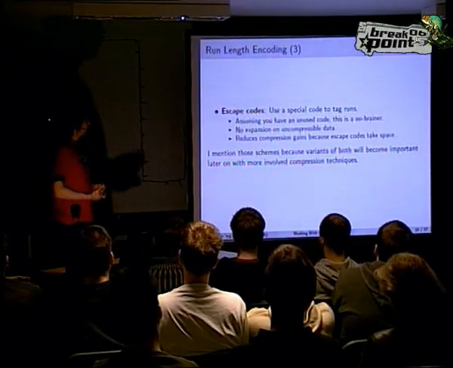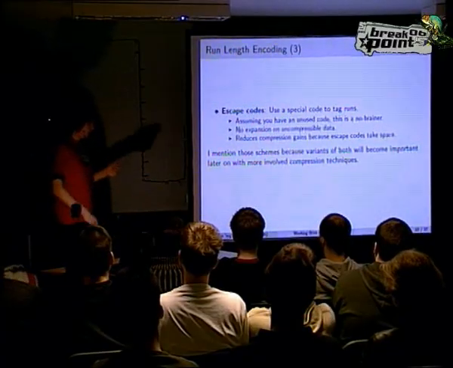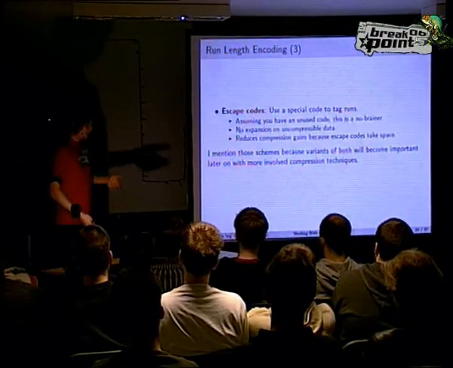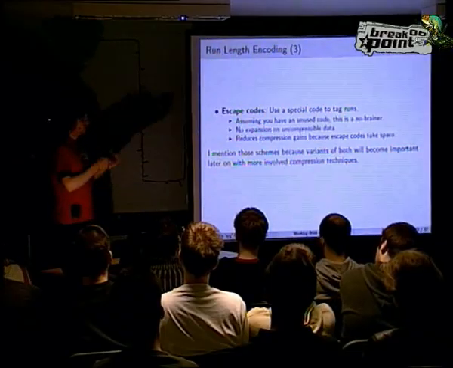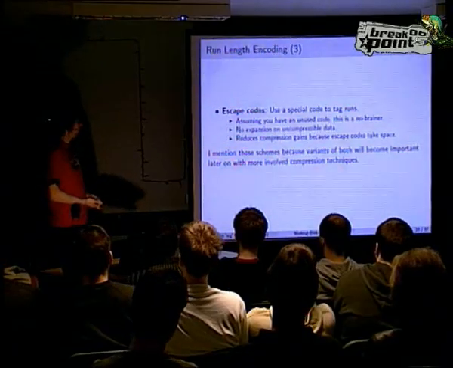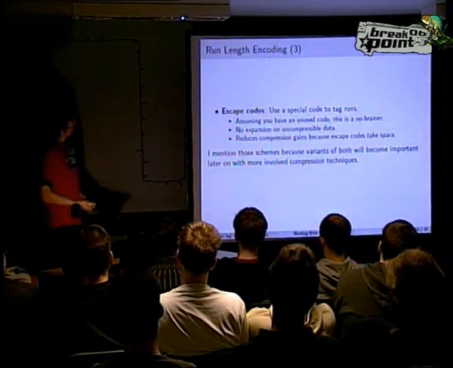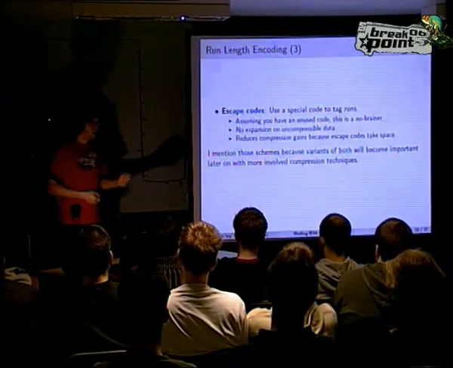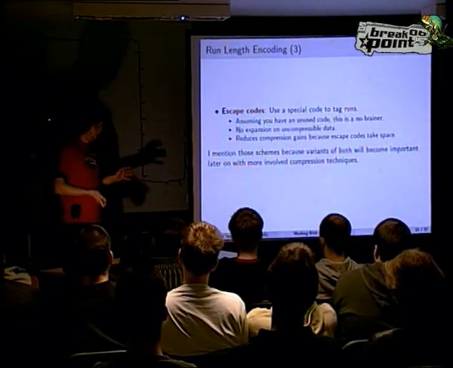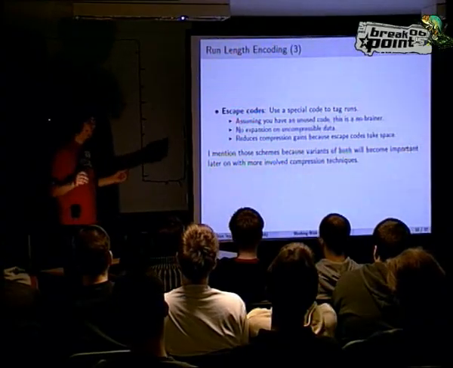So this assumes that you have an unused code value, and you use that code value to mark, okay, now the run follows, so this is a character that's repeated a few times, and if there are no runs in there, you can just store the data as is without this escape code, and everything is fine. This is nice because it doesn't expand any uncompressible data, assuming that you have one code word that isn't used, but it reduces compression gains because every run has to be tagged specifically with that escape symbol. So both of those don't really make run length encoding a scheme that's practical for real-world applications when you want real compression.